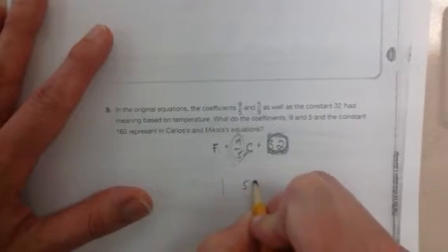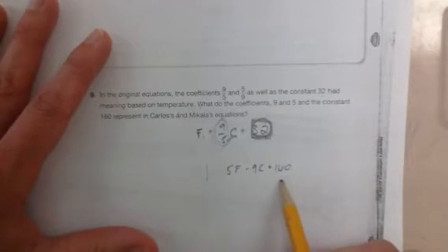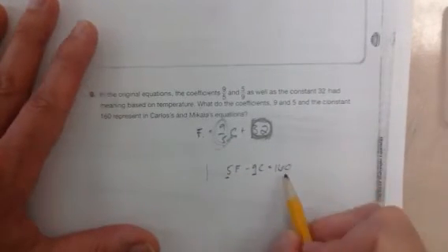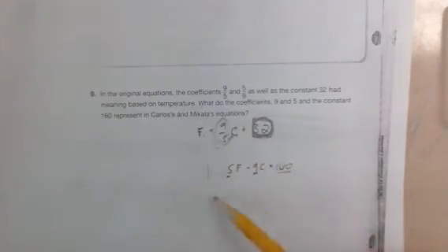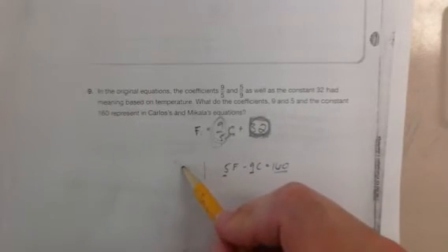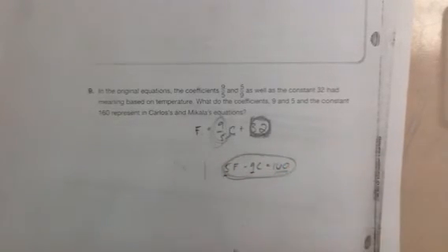And we've got 5F minus 9C equals 160 for Carlos's. Let's just look at his. Now, we've got 9 and 5 as coefficients and 160 as a constant. And they're wondering if these have any meaning. What do they mean? The one thing they're trying to get at here is that they don't honestly have meaning with respect to these equations.